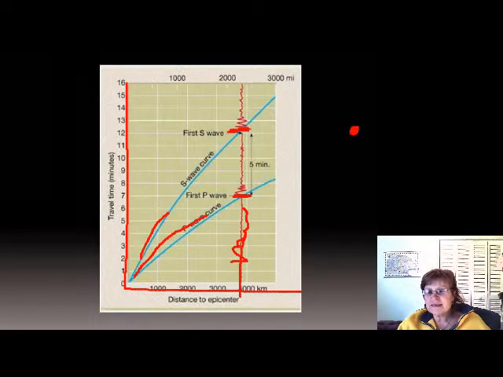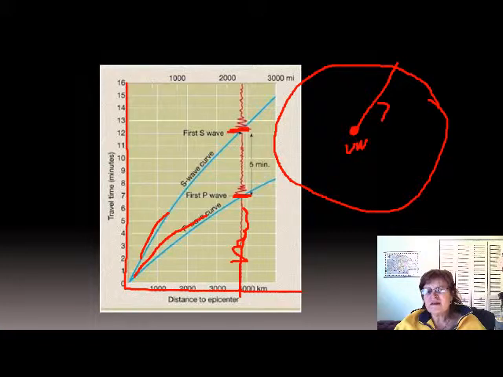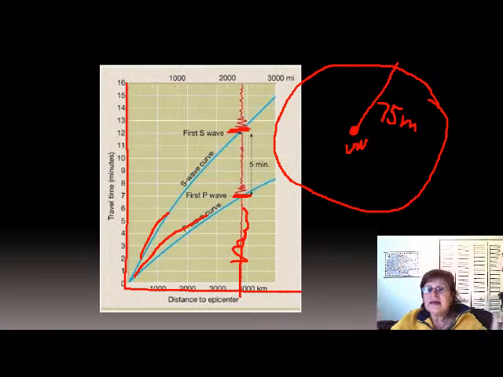Like if this is your seismic station, let's say Virginia Western, and we see that there was an earthquake about 75 kilometers away, or miles, it doesn't matter. So we know that the radius is 75 miles. I just put M. And that's all we can do. We know that there was an earthquake on a circle which has a 75 miles radius.